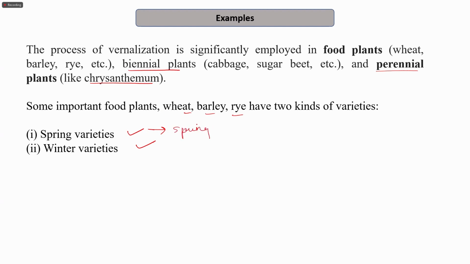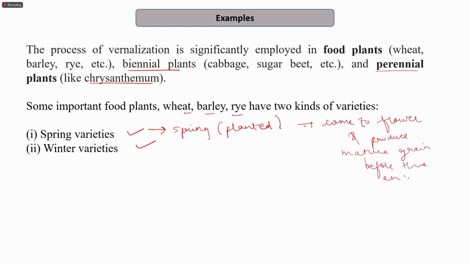They are planted in the spring and come to flower and produce mature grain before the end of the growing season.